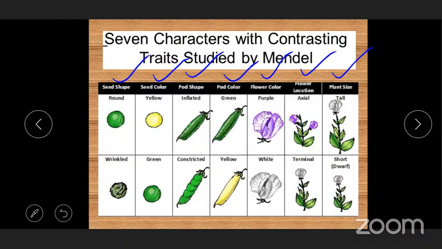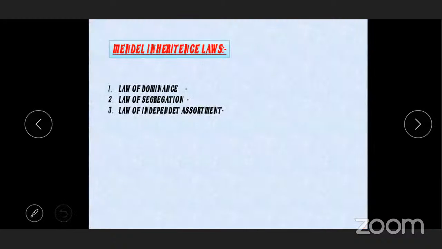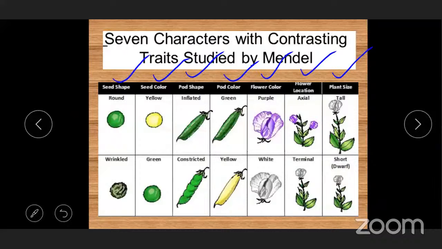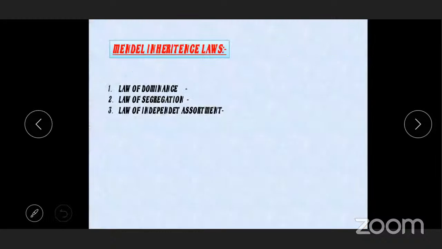So by this, Mendel conducted artificial cross-pollination experiments using true breeding plants. Mendel conducted hybridization experiments on the garden pea for 7 years.